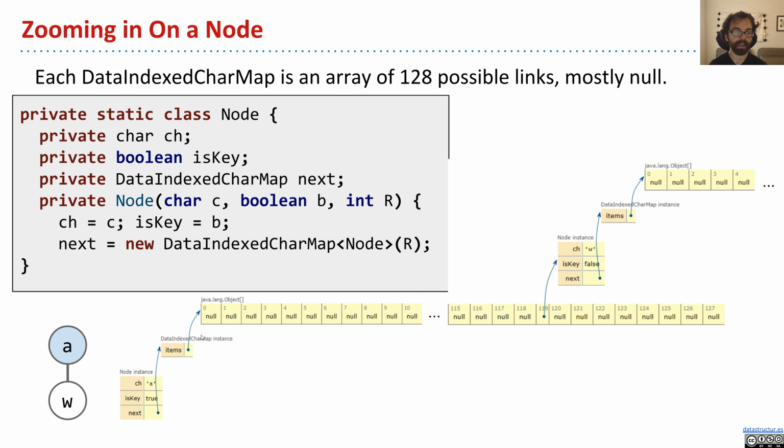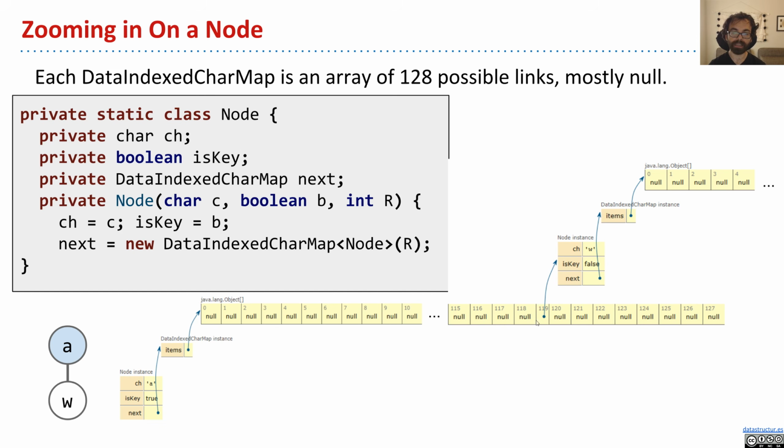So let's consider what A and W, these two nodes, would look like if we did a box and pointer diagram for our data indexed character map. So here we see our node contains the letter A for our character. It is blue, and it has a next pointer that points to an object that contains links to all my children. So the children in this case that I have, well, I only have one, which is the W character.